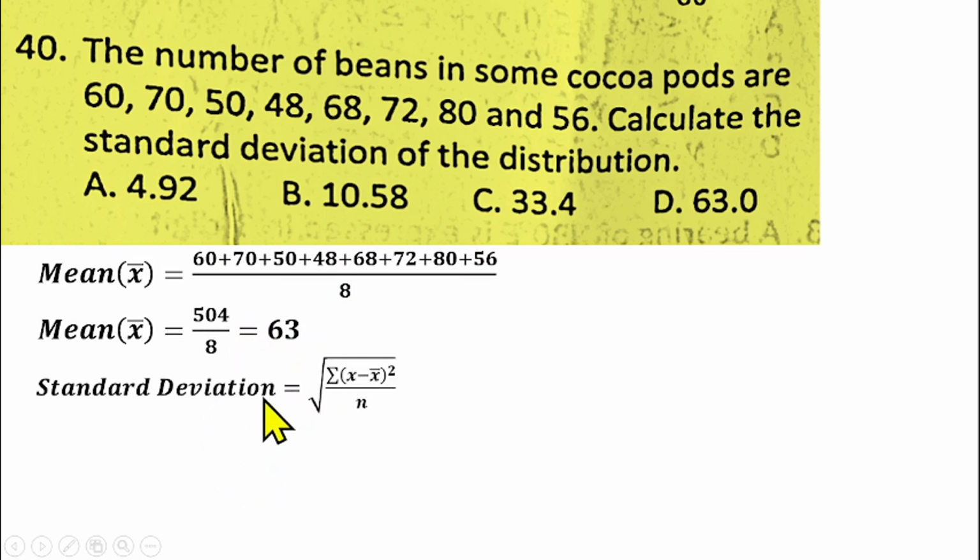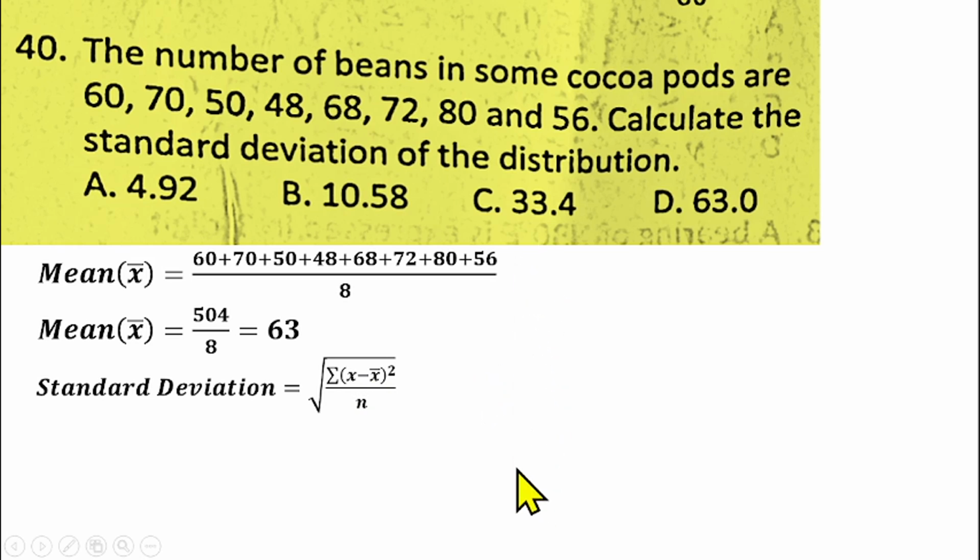And to find standard deviation, we have the square root of the summation of x minus x bar squared over n. This x bar represents the mean of the data. So that's why we found the mean first. Therefore, we now need to compute the deviation, which is x minus x bar. You can construct a table for that.